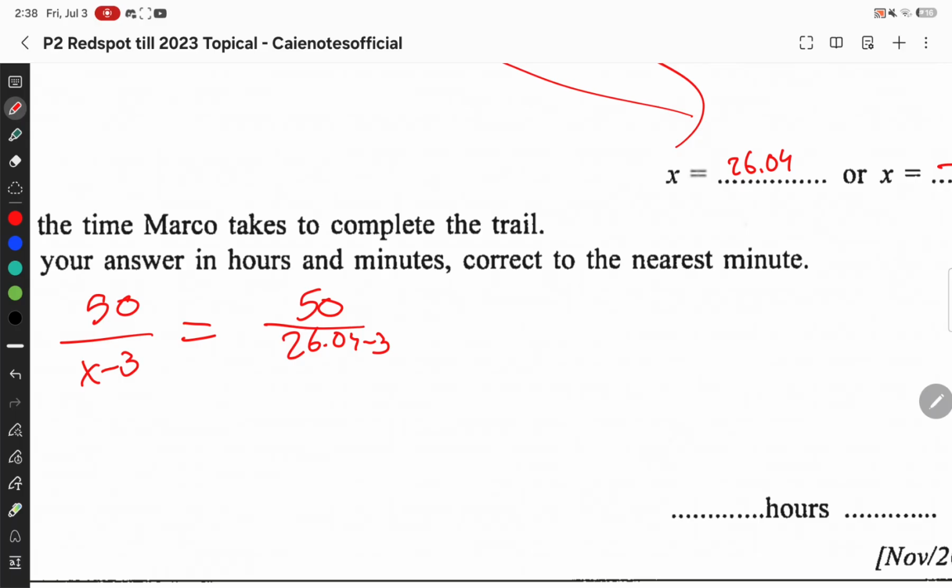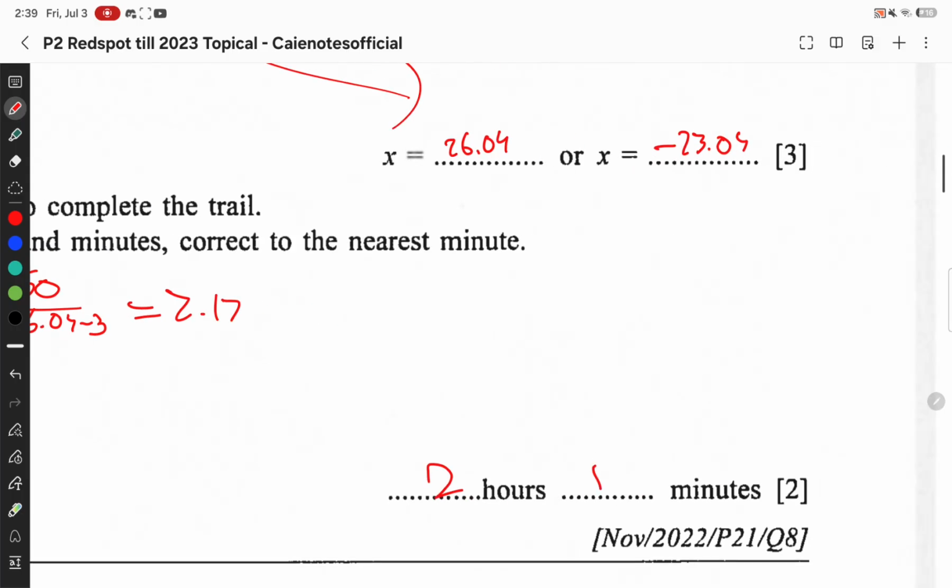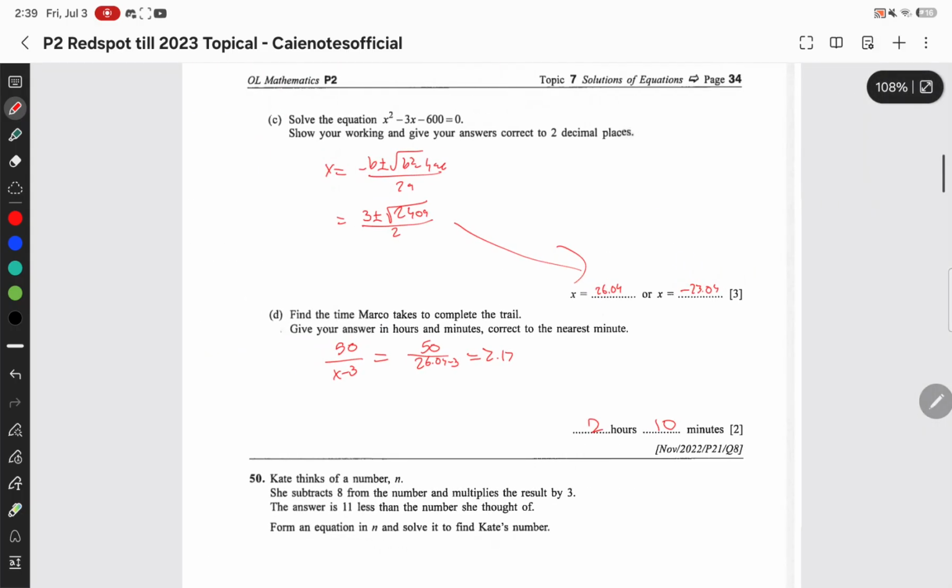Evaluating this in your calculator, we get 2.17. Oh god, 2.17. 2 hours, we go 60 times 0.17 is equal to 10.2. 10.2 to the nearest minute is just 10 minutes.